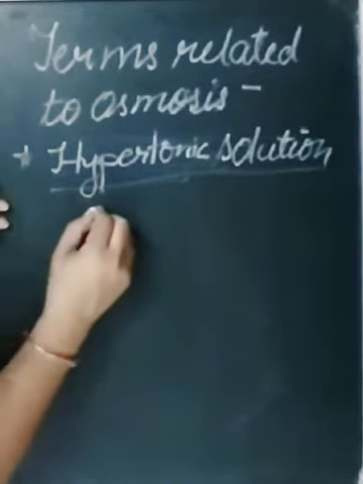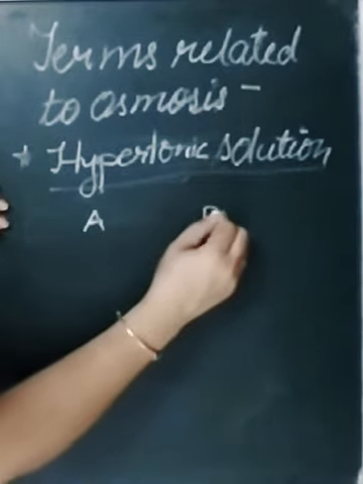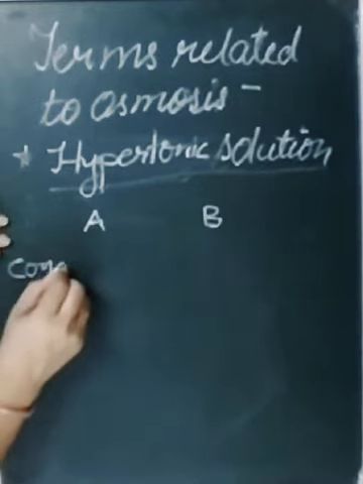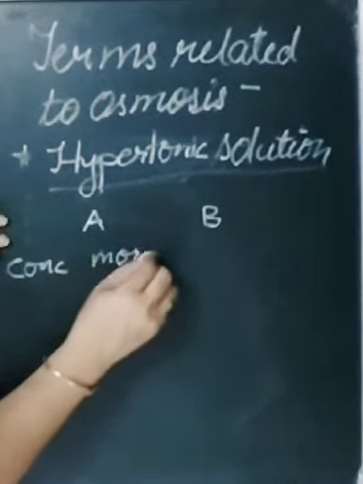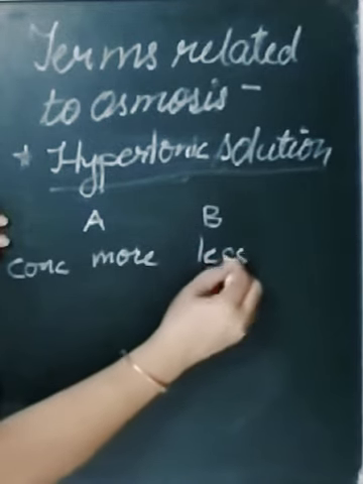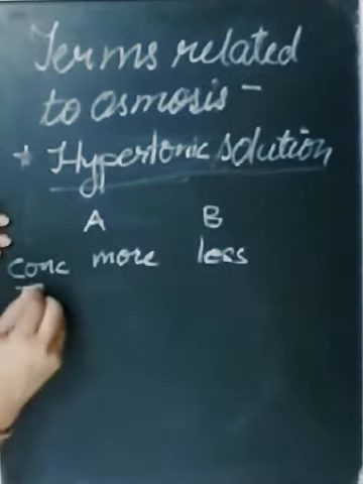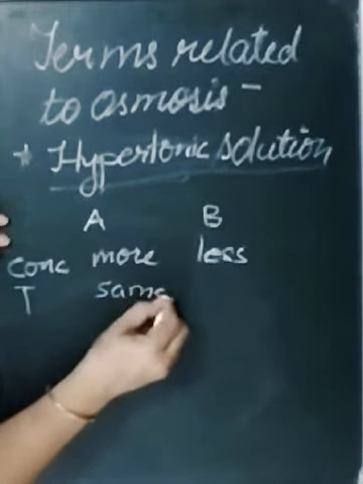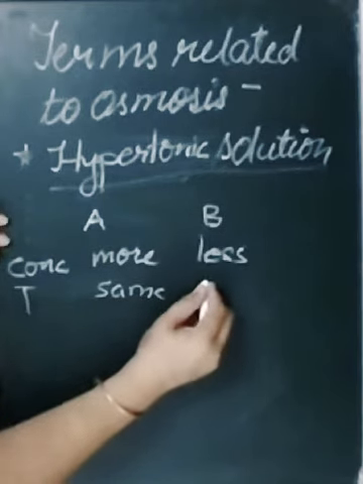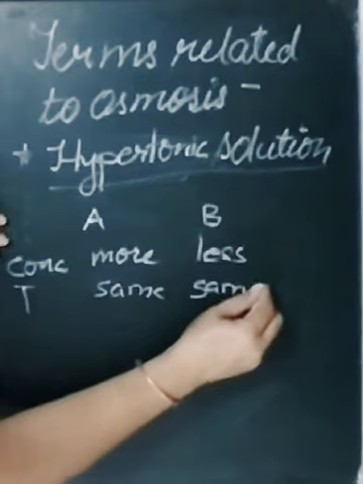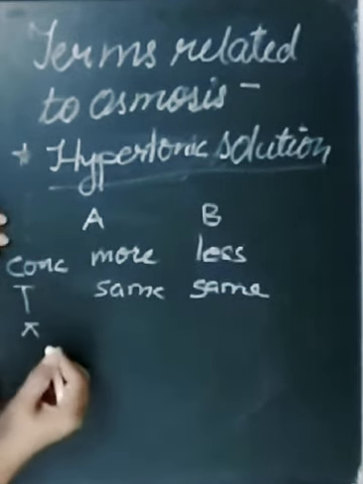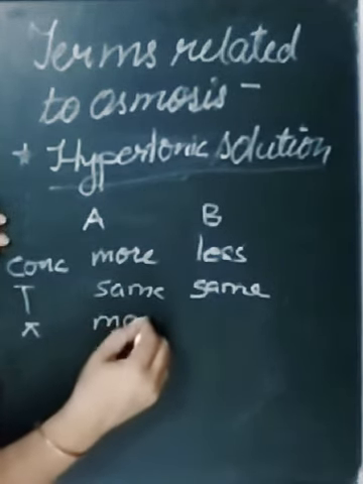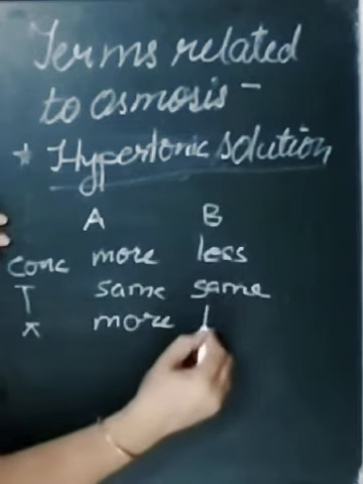If we have two solutions, solution A and solution B. If we see concentration, A is having more concentration and B is having less concentration. If we see temperature, that is same, not different. I told you we are more concerned with concentration and pi, that is osmotic pressure. If we see pi, for A is more and for B is less.